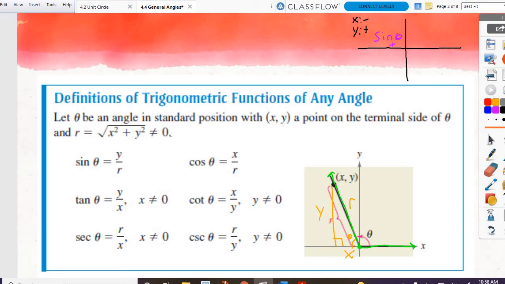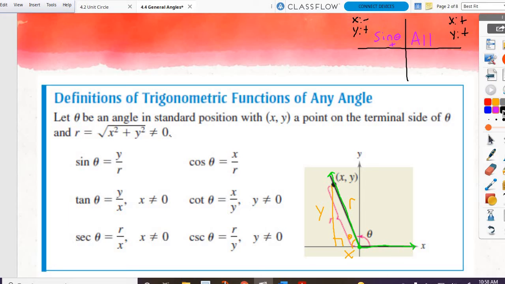Agreed? Now, in my first quadrant, what's positive and what's negative for my x and my y? They're both positive. So which one of my trig functions will be positive? All of them. Yes?